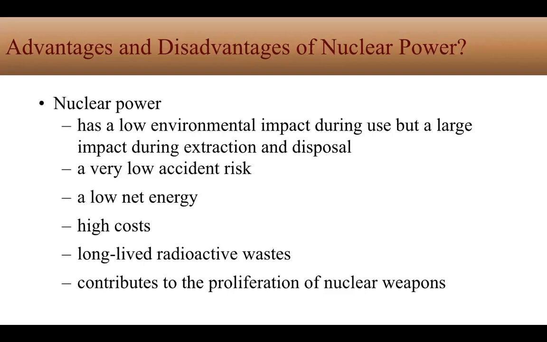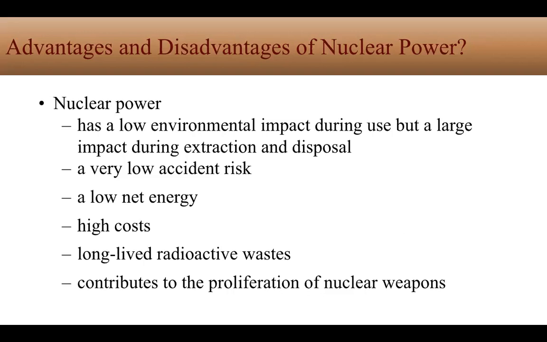The other piece is the radioactive wastes are incredibly long-lived. We're talking about 10,000 years as a starting point for this. And in the United States, we don't have a repository to store that waste. That radioactive waste that we generate at our nuclear power plants is stored at the power plants. And so they just keep these stockpiles.